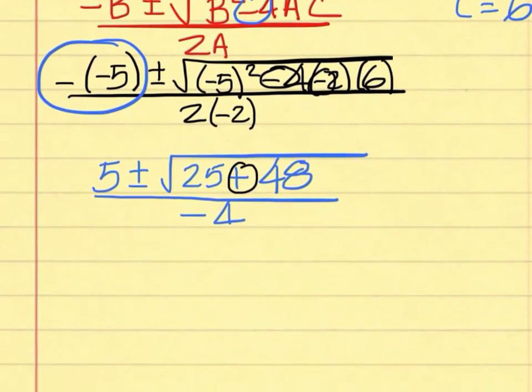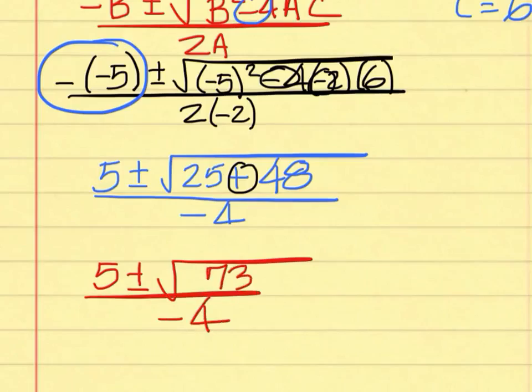Okay, so starting over here, we have 5 plus or minus the square root of what? What is under the square root sign? 73 is right. Is 73 a perfect square?